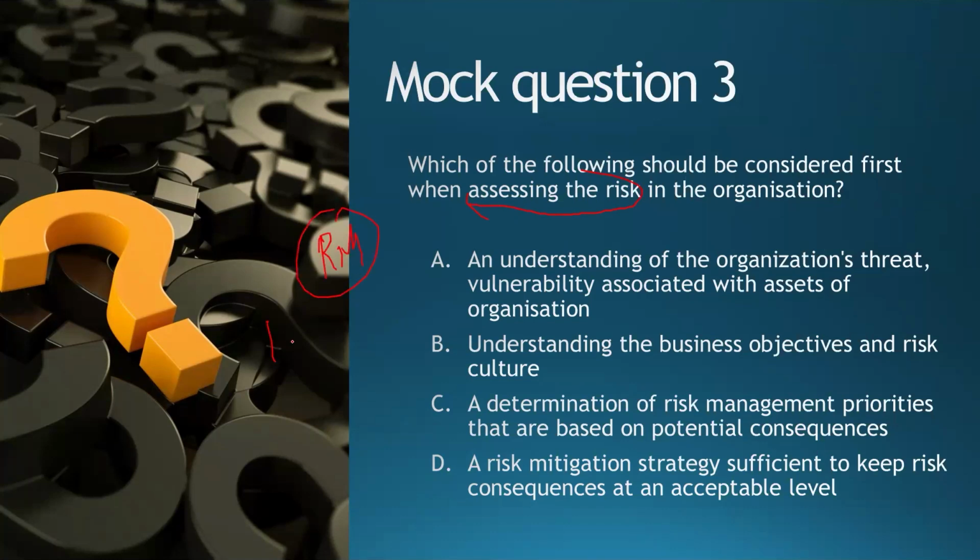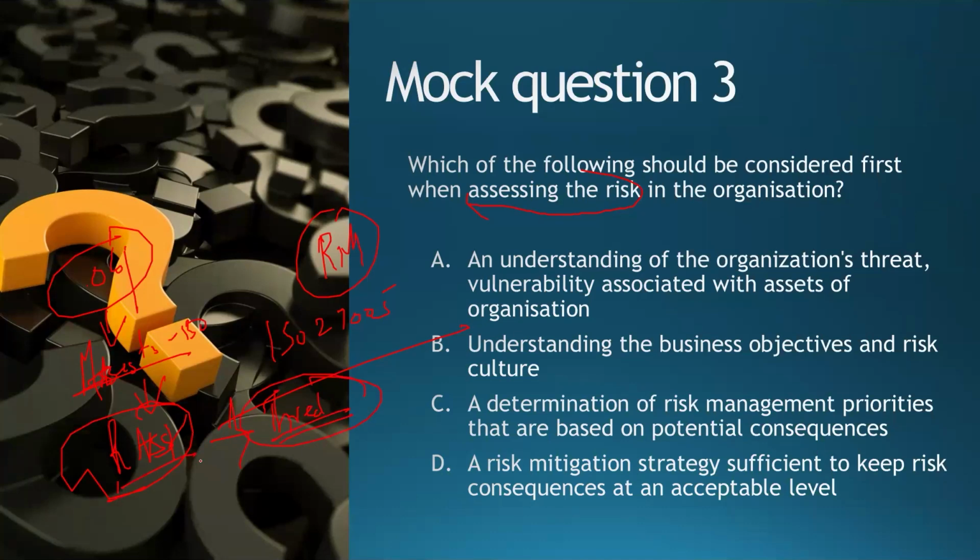As part of risk management in ISO 27005, if you look at the steps involved, it starts with understanding the business objectives. The next step is understanding the assets related to your business objective. Then the third step is risk assessment, where understanding the threats, vulnerabilities, and risk profile of the organization is the first step.